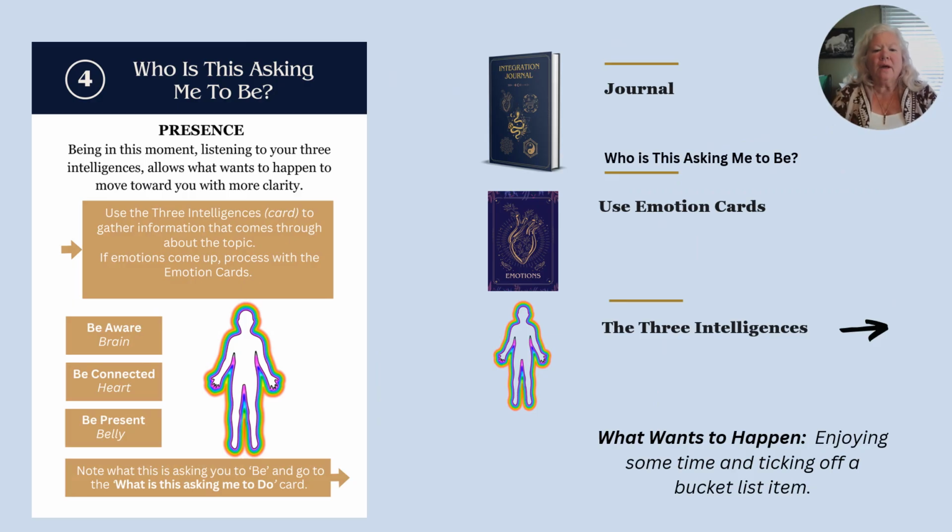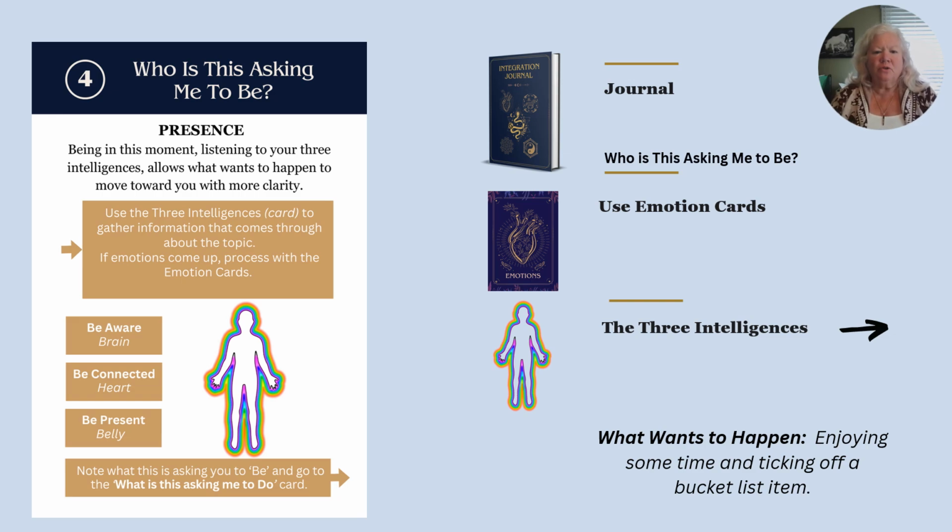All right, so now we know what wants to happen, and we move to the second question, who is this asking me to be? And being in this moment, listening to your 3 intelligences, which are our brain and our heart and our belly, allows us to tap into intuitive places within ourselves that can bring information about this topic and who it's asking us to be.